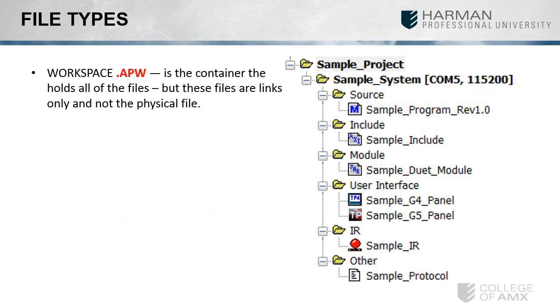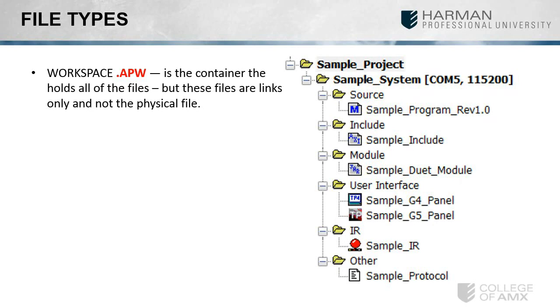As we have just learned in the previous tutorial, the APW file is created by Netlink Studio when the user builds a workspace. Remember, a Netlink Studio workspace contains projects, the projects contain systems, and the systems contain system files. These files are all displayed in a hierarchical tree-like structure in Netlink Studio.